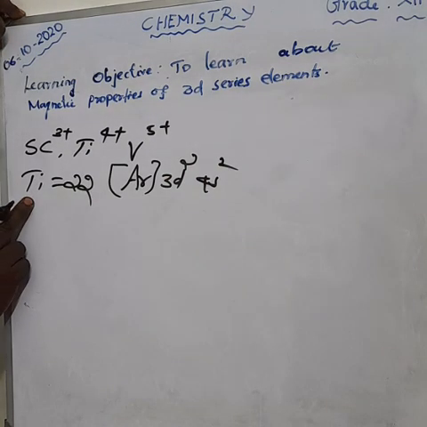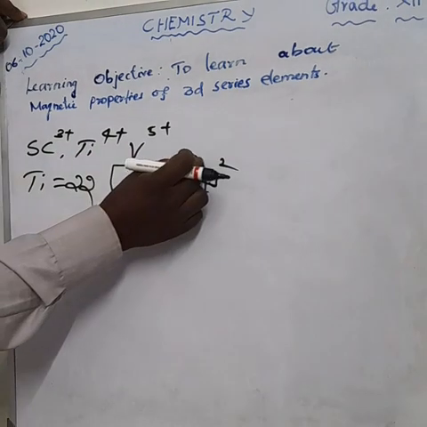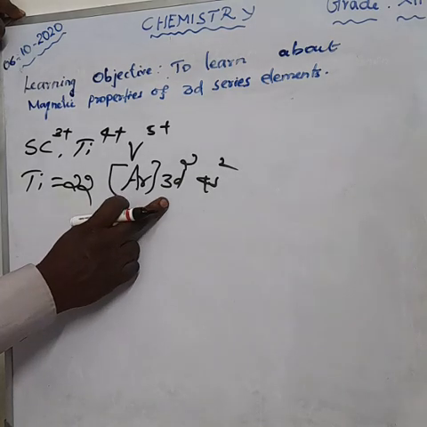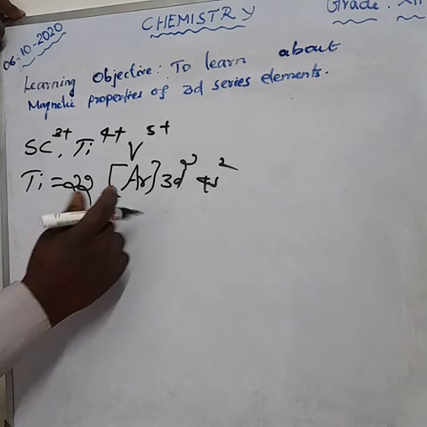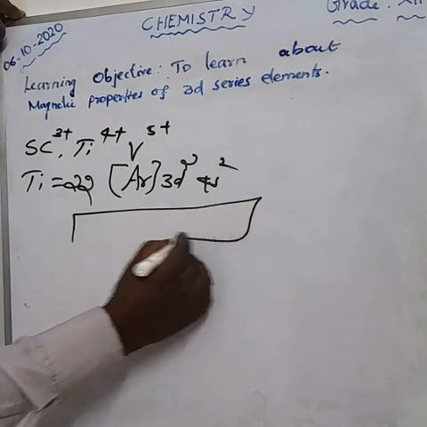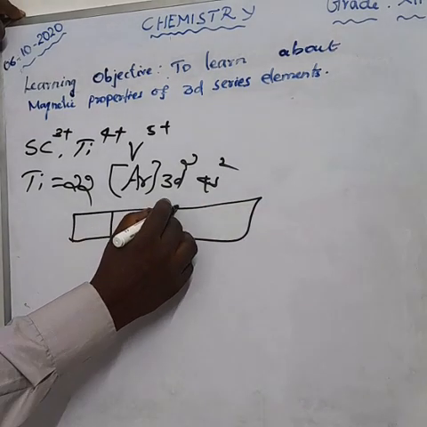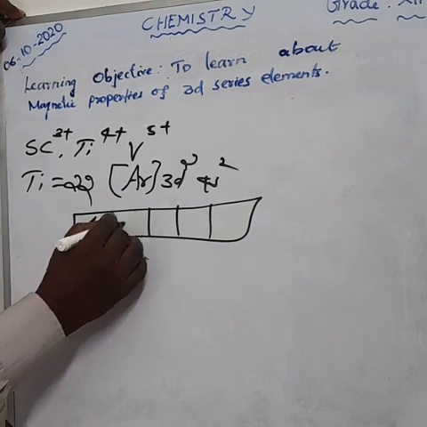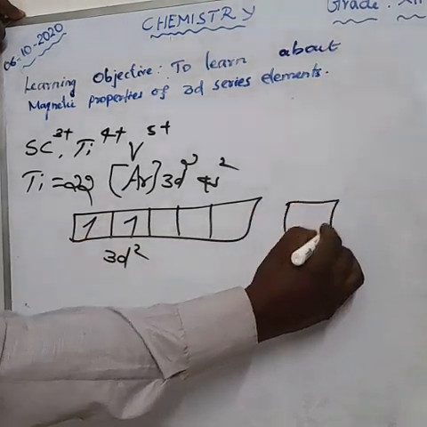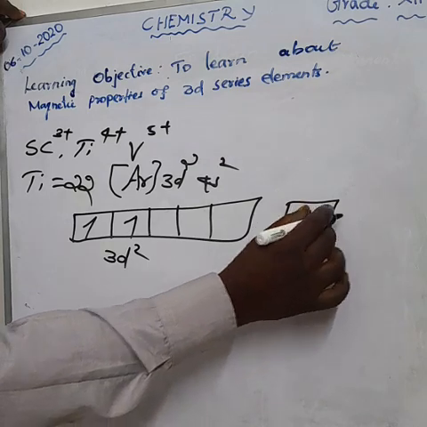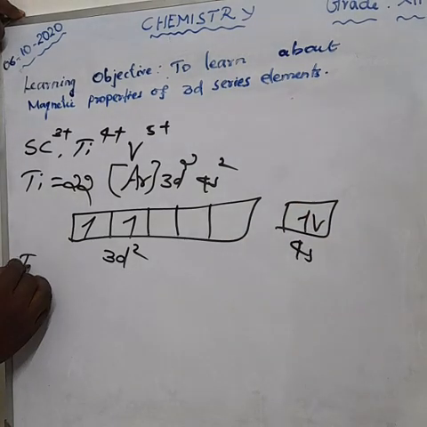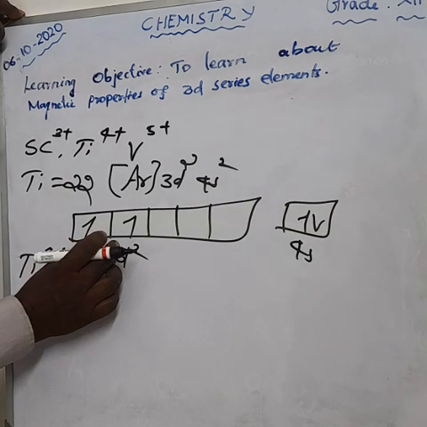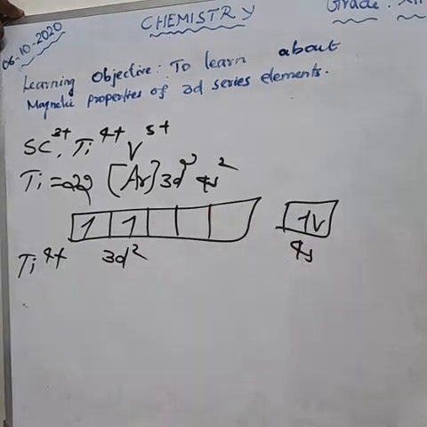Here titanium loses 4 electrons. So this electron is losing and this electron is also losing. So what is the configuration? Am I right? 3d2, that is 2 electrons from the 3d, and about the 4s, 2 electrons. So Ti4+ means it loses 2 electrons from d and 2 electrons from s.